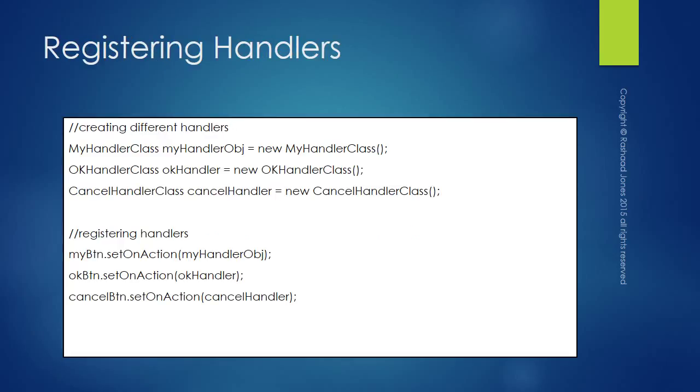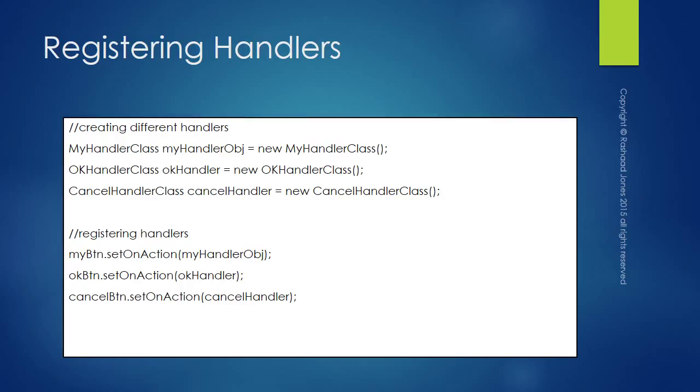If we go into our second step, registering the handler, this is where you actually add the handler to the specific UI component that you want the handler to listen to. So here we go. The first three lines create the handler, and then down here we register our handler. You can't see where this is defined in my code, but somewhere before all this, I've created a button, an OK button, and a cancel button.